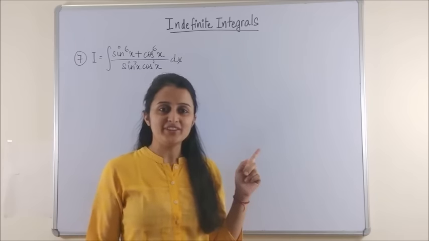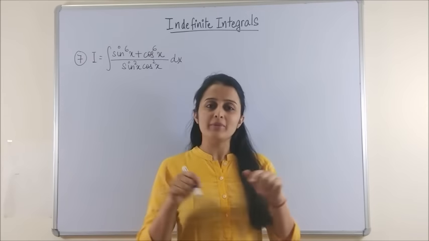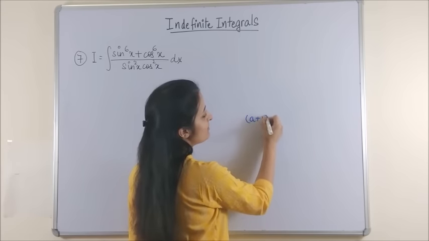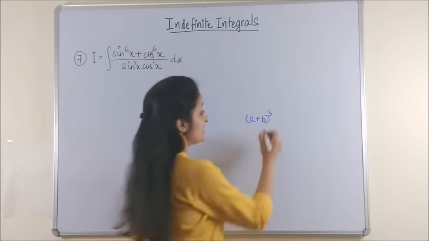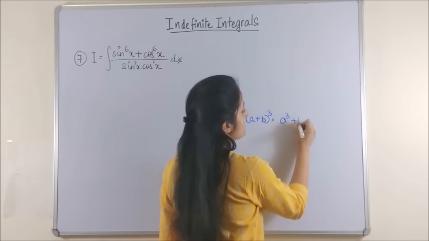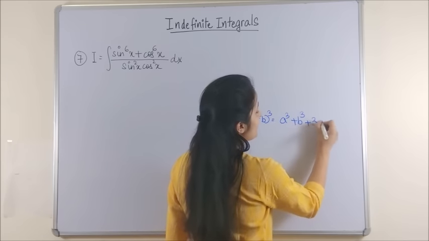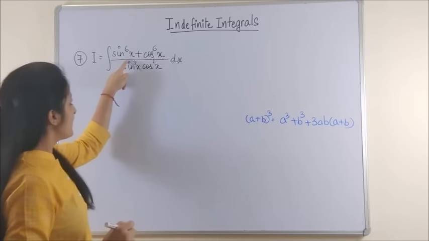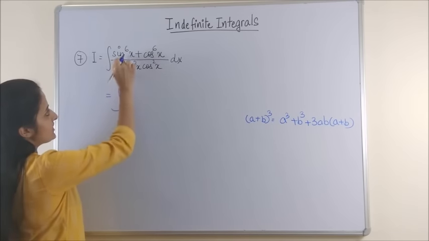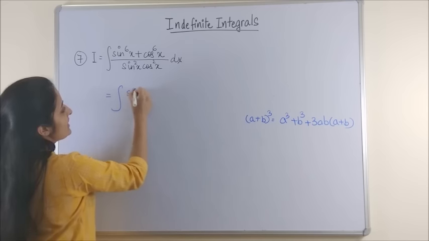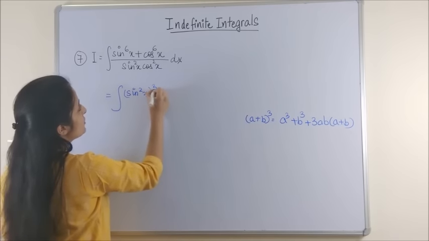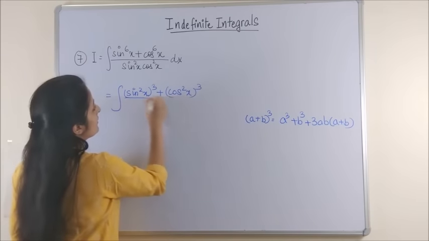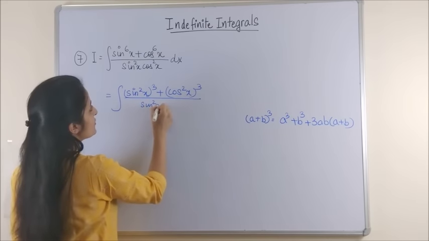Look at the 7th question. Let's go down the memory lane and try to recollect what was our formula for a plus b whole cube. This was a cube plus b cube plus 3ab into a plus b. Now if I can express my numerator as sin square x whole cube plus cos square x whole cube whole upon sin square x cos square x.